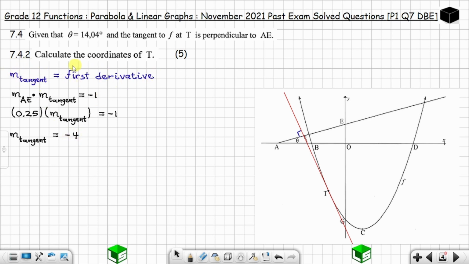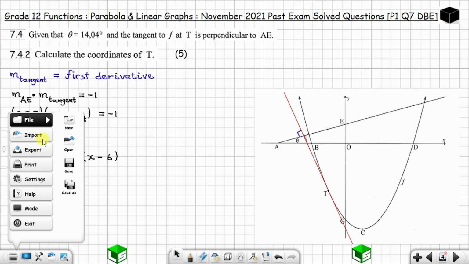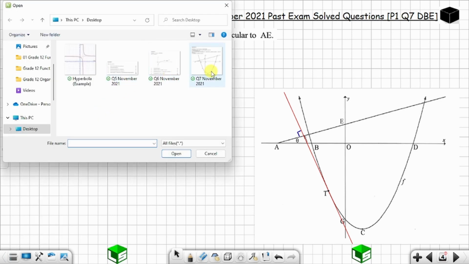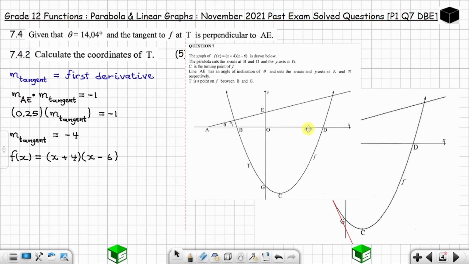Now let's take the first derivative of the equation of the graph of f. So the graph of f, this is the equation that you are given. Remember from the question, you can see it. I hope you can see it. This is the equation that you are given for f. You can see f of x is equal to that, right? This is what I have here.